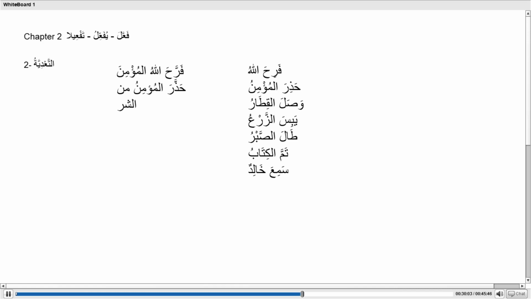What does it mean حذر المؤمن من الشر? That means the believer warned against what? Evil, yes. No, not whisper, evil. There's no word which implies whisper here. No.